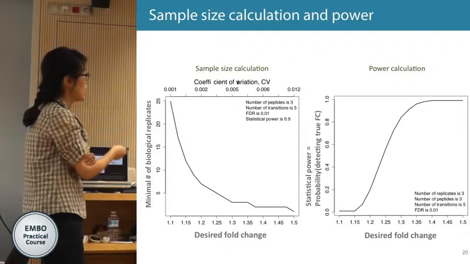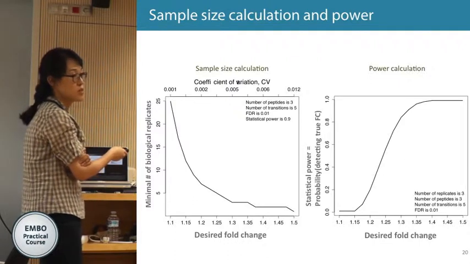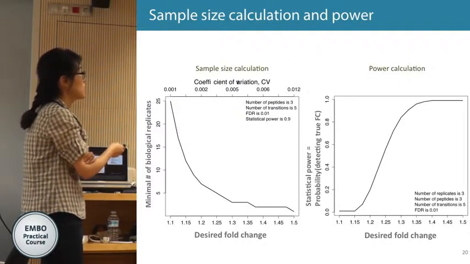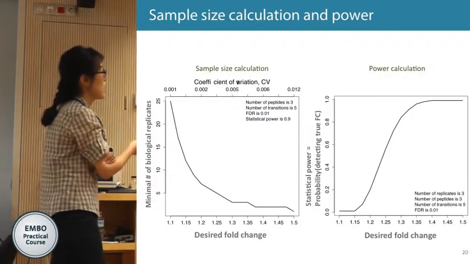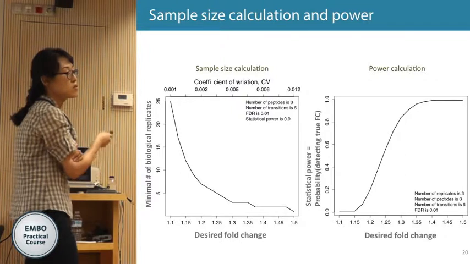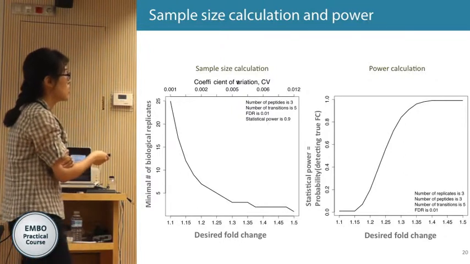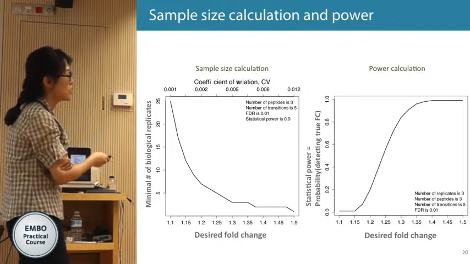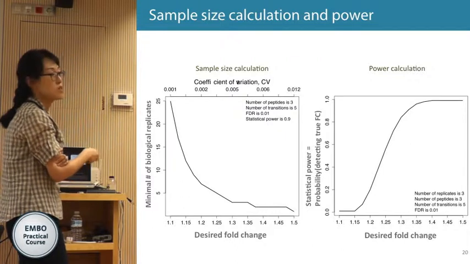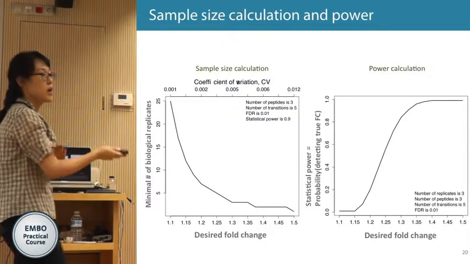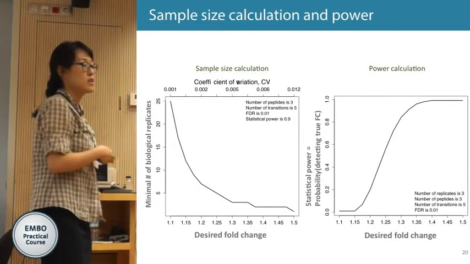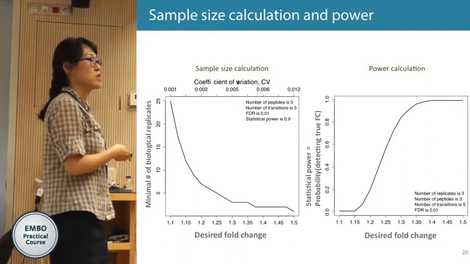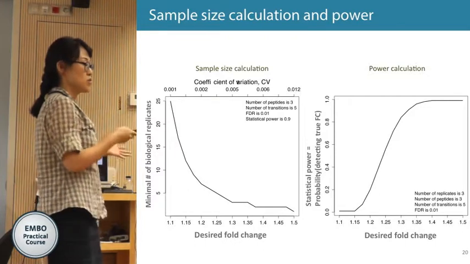Here, if you have a higher fold change, the sample size needed is relatively smaller. And this is also a power calculation. Based on this variation, if you increase the fold change, we can guarantee higher power. So depending on your experiment, you can decide, and then you can calculate how many samples you need for a similar experiment.